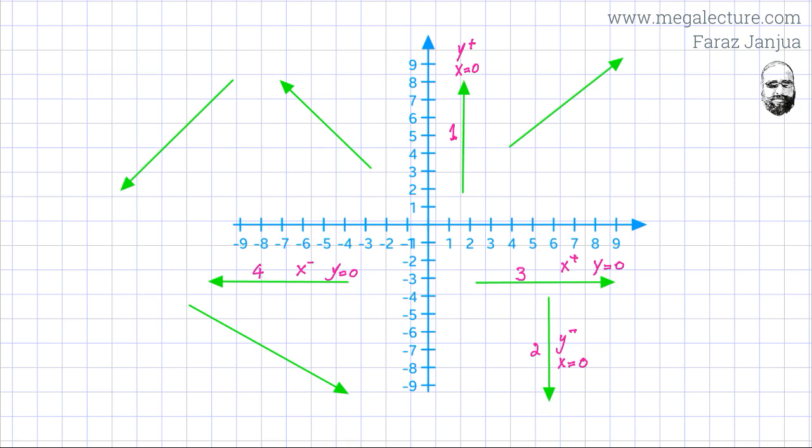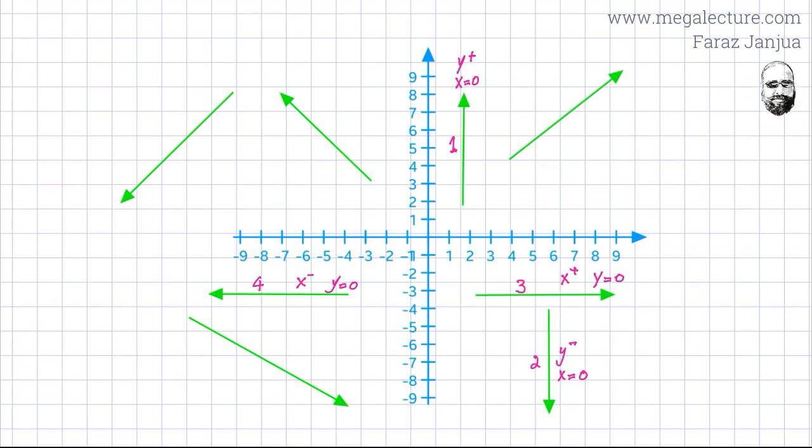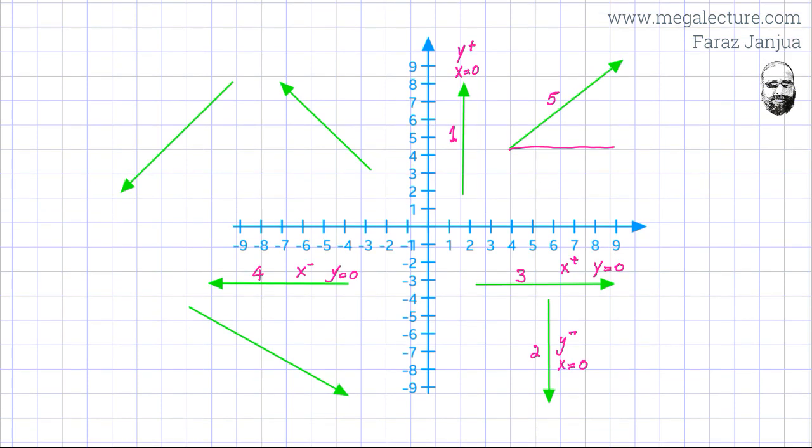now let's come to inclined ones, tricky ones actually. This is the fifth one. It will have two components. One will be the horizontal component like this and the vertical component like this. Now if you have to guess the direction for the horizontal component and for the vertical component, what will be your guess?